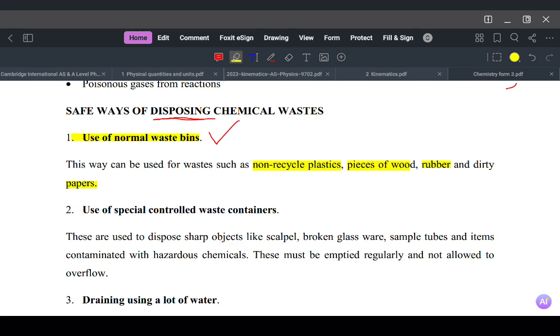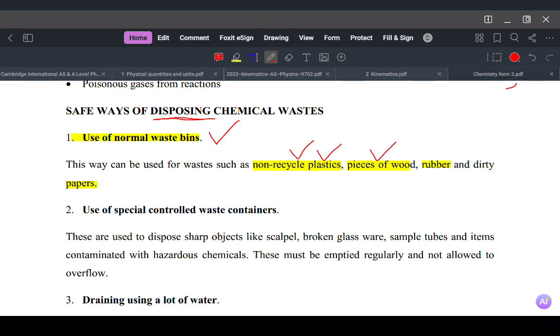Okay, so we are saying the type of materials that can be disposed this way include, but are not limited to, plastic papers which cannot be recycled, pieces of wood. Suppose that in a particular activity you cut some pieces of wood, such that if not disposed of, they will create an unbearable environment.